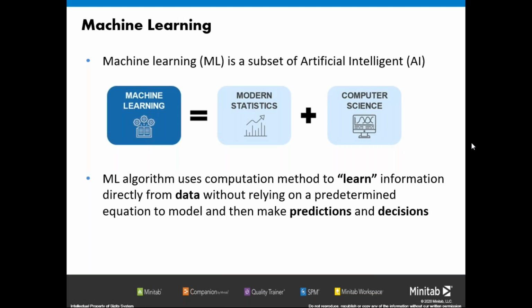So machine learning equals modern statistics plus computer science. Machine learning algorithms use computational methods to learn information directly from the data without relying on a predetermined equation to model, and then make predictions and decisions.